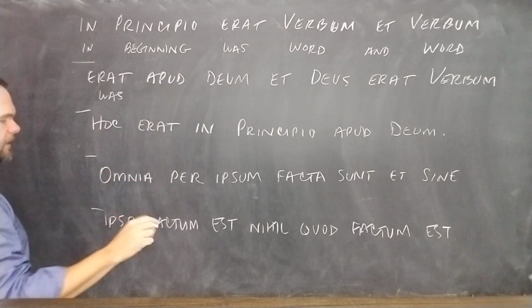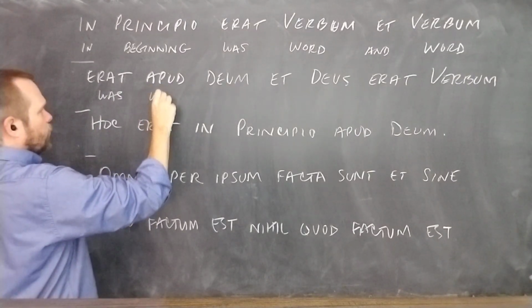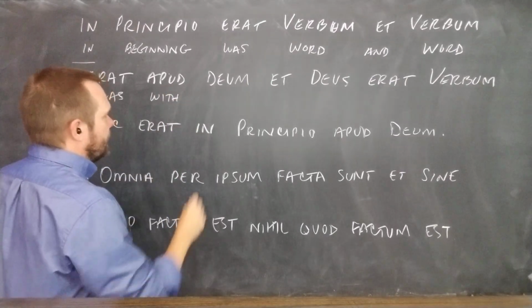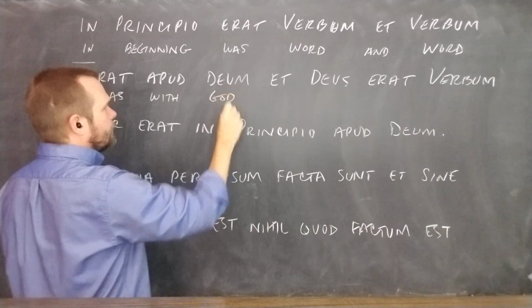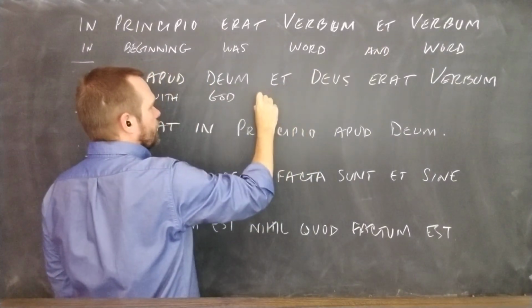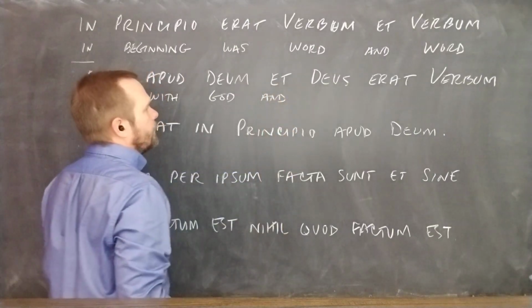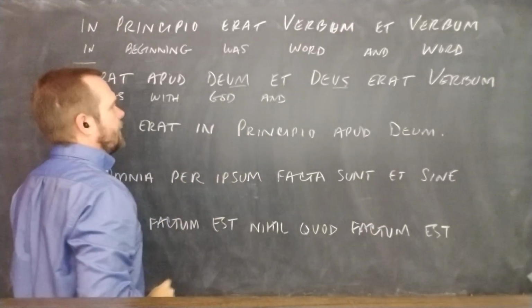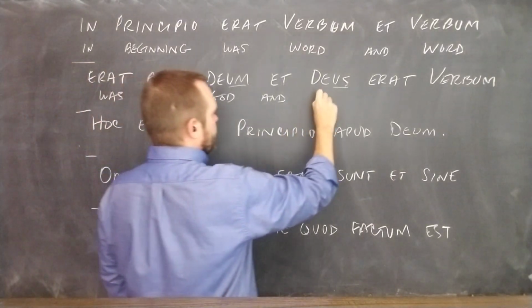Apud, the exposition tells me that apud means with. The exposition tells me that deum means God. And that et, again, same word, means and. Deus here is a different form of the same noun. It means God again.